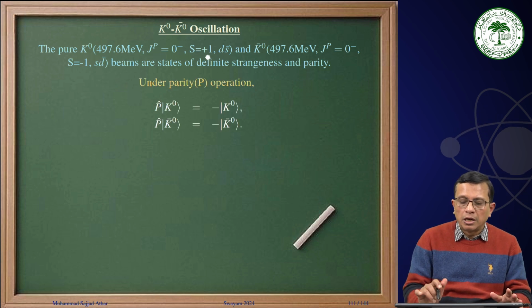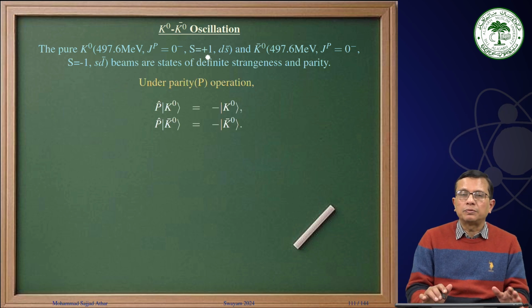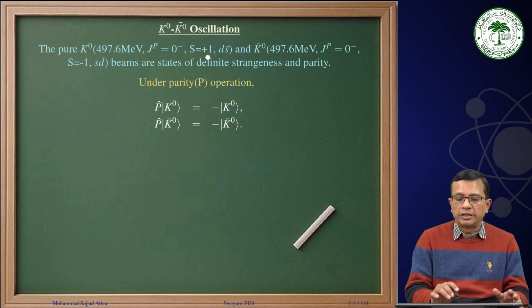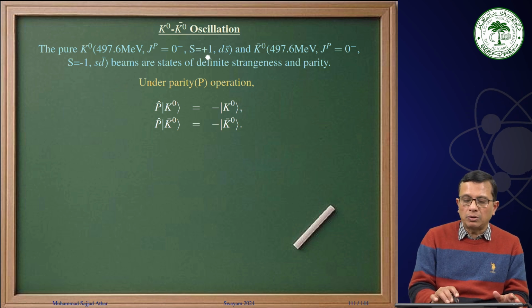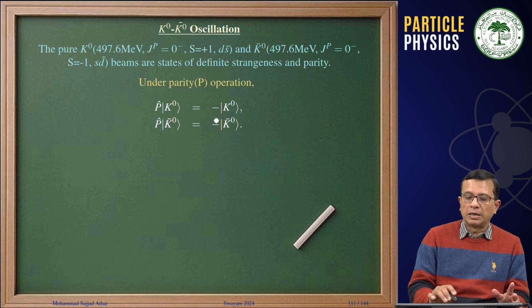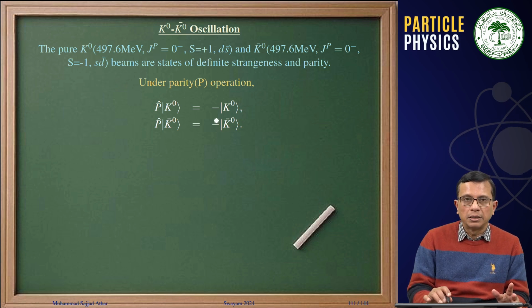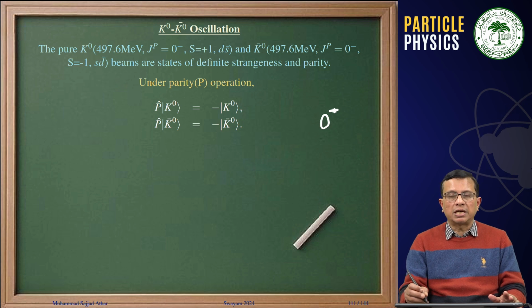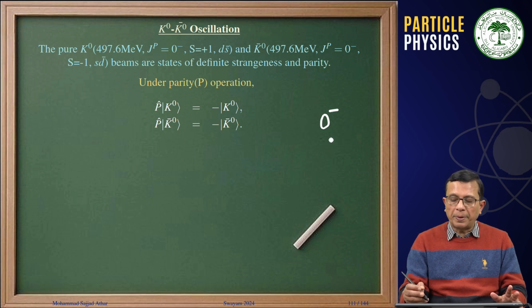Now, under the parity operation, since we know that K is a pseudo-scalar particle, when parity operates on K0, we will get a minus sign. Similarly for K0 bar. This is what I had told you, that these are members of the pseudo-scalar nonet. Pseudo-scalar stands for spin 0 and odd parity particles.